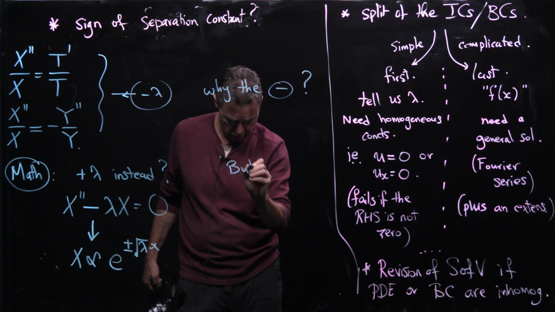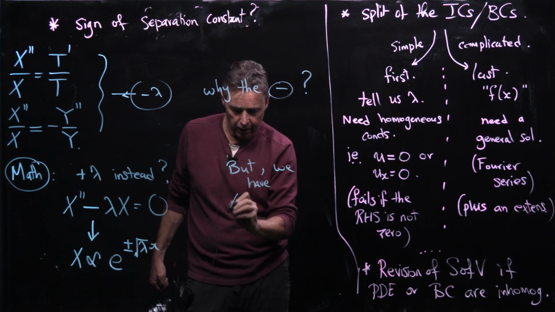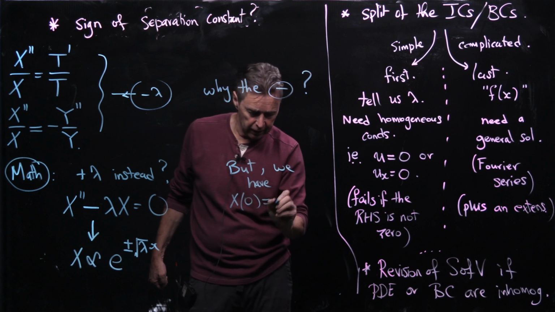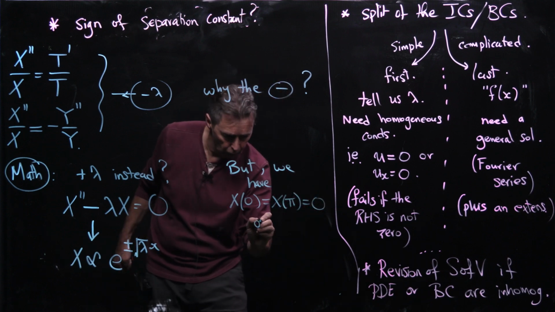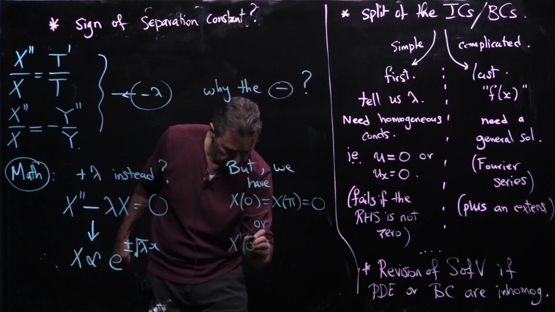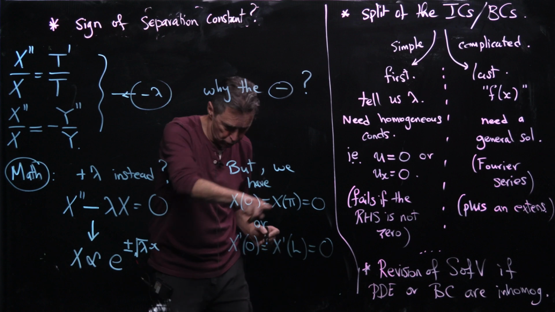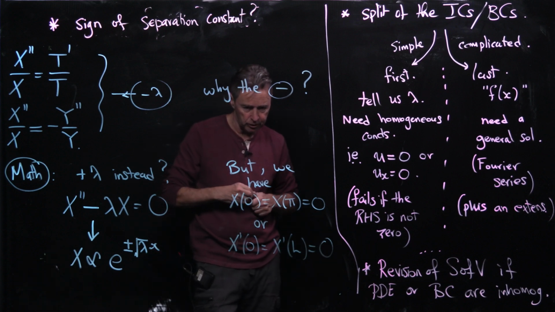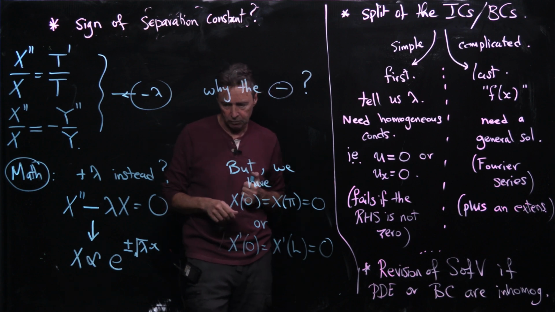But we have x of 0 is x of pi is equal to 0. That was in the first case. Or we had x primed of 0 is x primed of L is 0. We had these 2-point boundary conditions which said that I had to get 0 at both for either the function or its derivative.